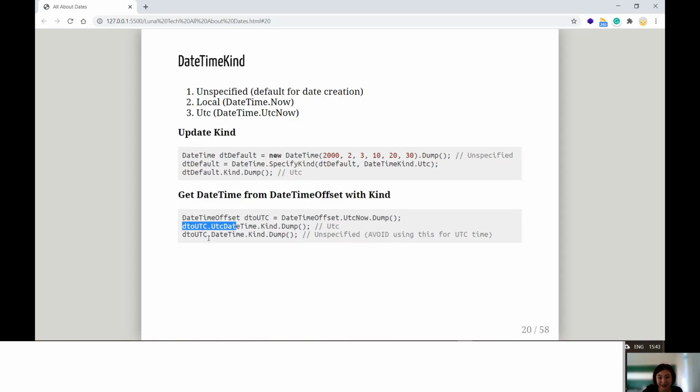Which makes sense. But if you are using datetime from the datetime offset, and then you check the kind, it's unspecified. So this is getting complicated, because if you don't use the UTC datetime, the output will be some kind that it doesn't know, right? So avoid using this. That's the main message. Use UTC datetime if you want to get something from the datetime offset.